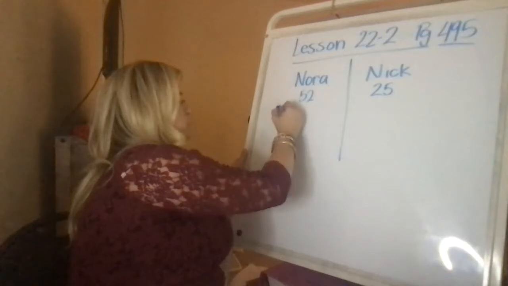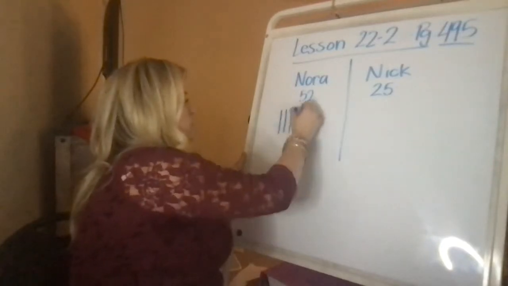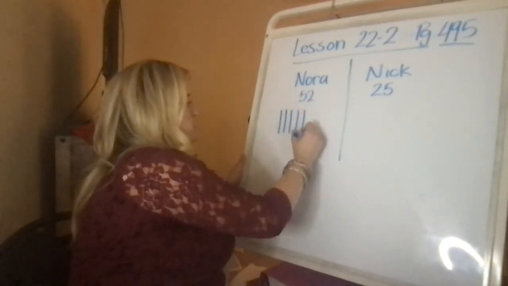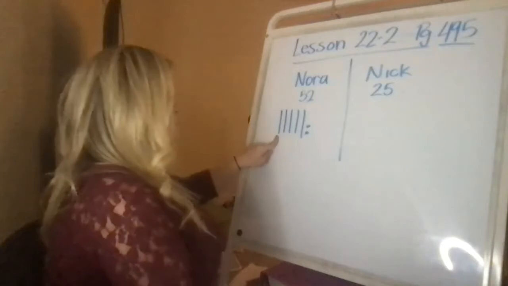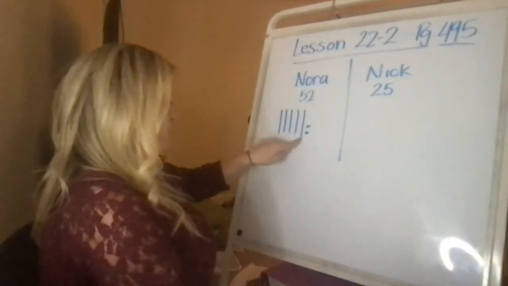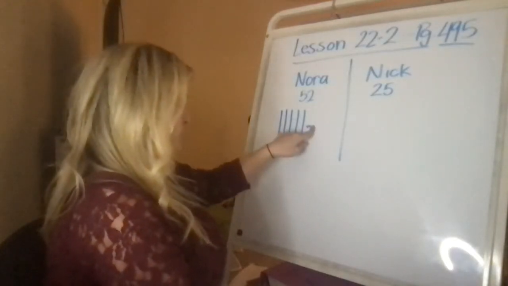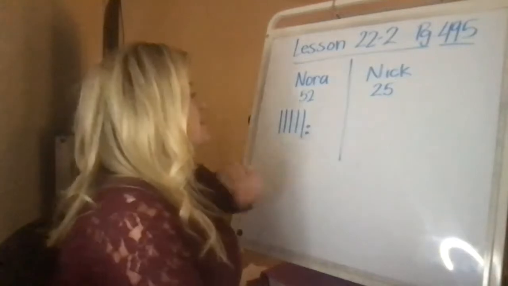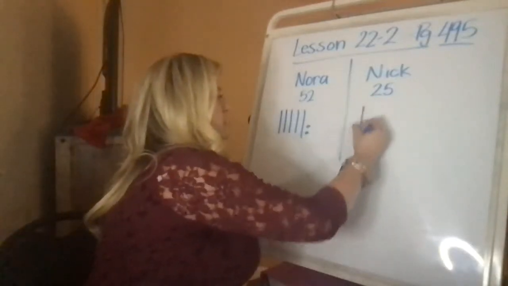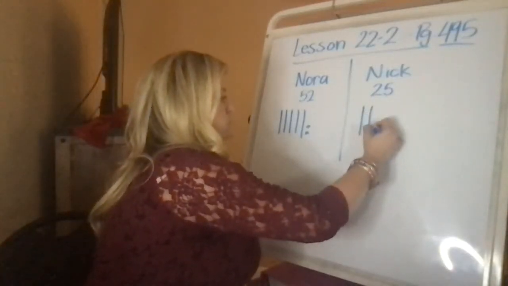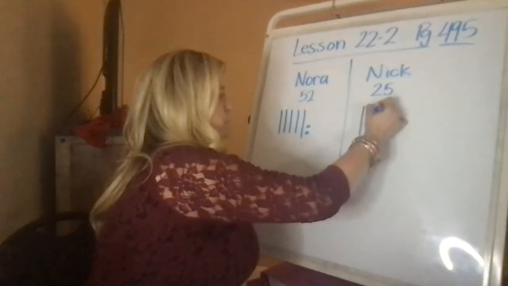So I'm going to do the first one: 1, 2, 3, 4, 5 tens, and then 2 dots. So 10, 20, 30, 40, 50, 51, 52. Now with Nick's, I'm going to count on as I draw: 10, 20, 21, 22, 23, 24, 25.